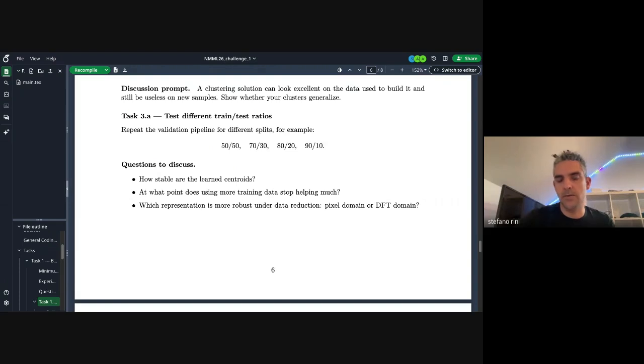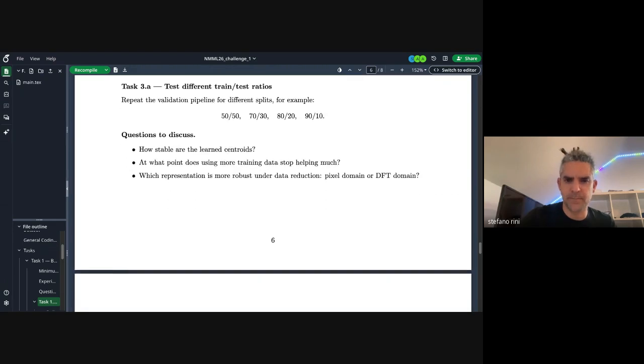Usually we like 80-20. If you approach a problem and have no reason to believe that you need to play around with train test splits, we'll just choose 80-20. And here you can see what performance you get having different splits.